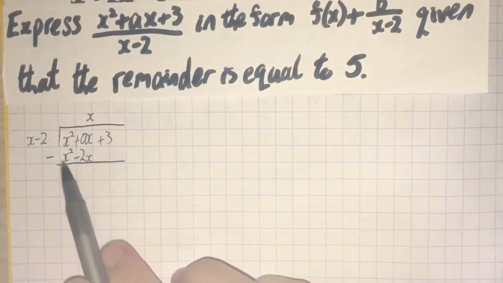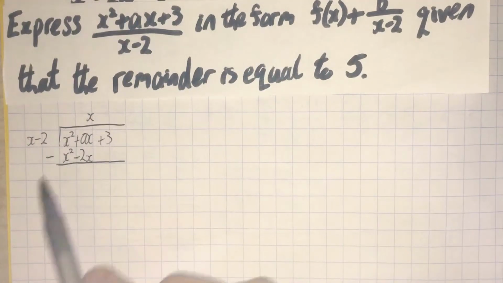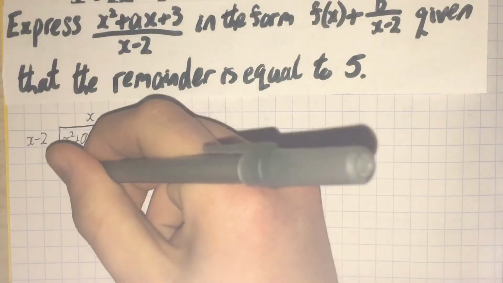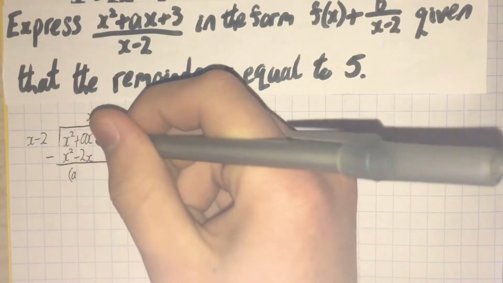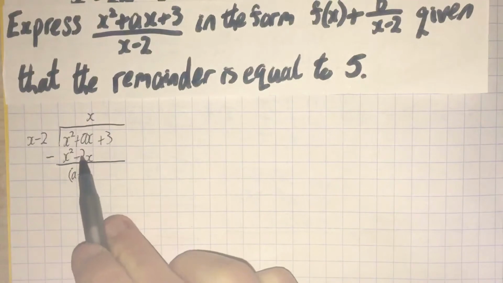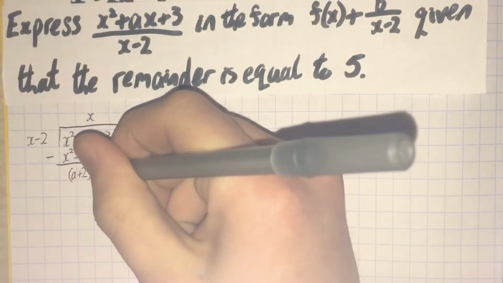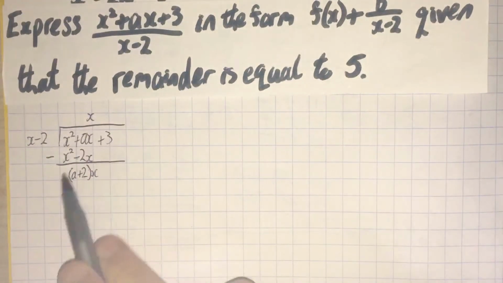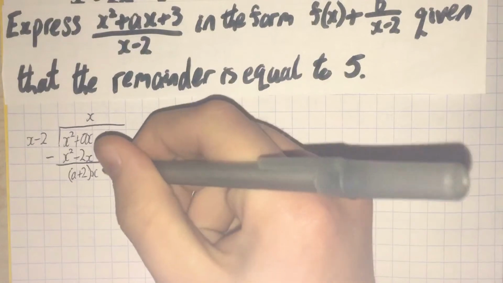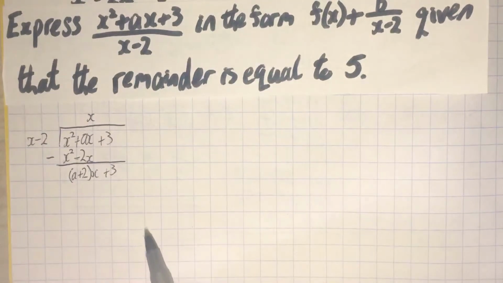And when you minus that from this, x squareds cancel off. We shall get a plus 2, because it's a minus there, and we're minusing that off, so it's minus of a minus, makes positive. A plus 2x, x term, plus 3, our remainder.